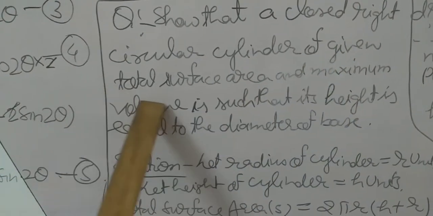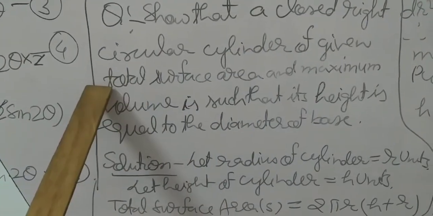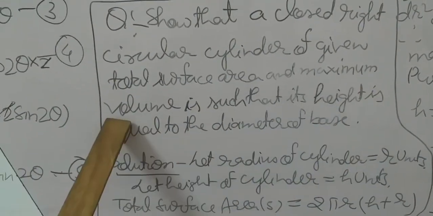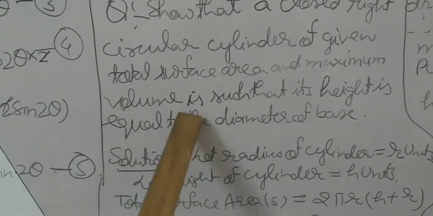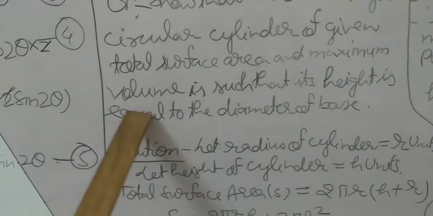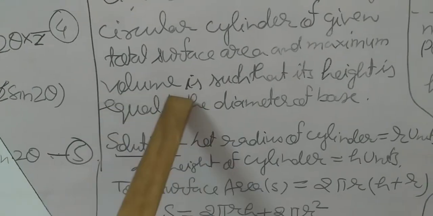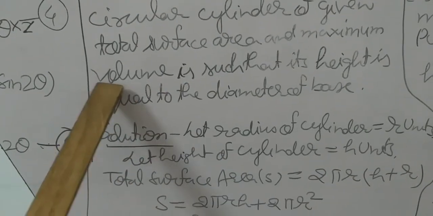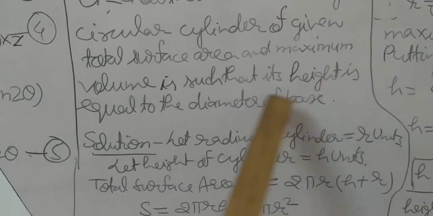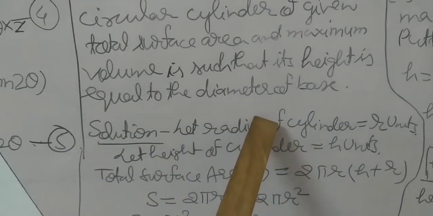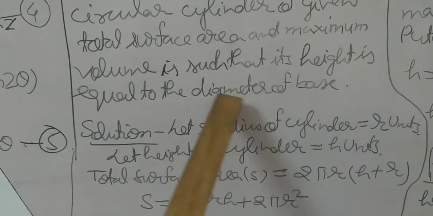So total surface area we have to use. Maximum volume means the volume value we have to differentiate to show the maxima, and we have to prove height is equal to diameter, means h equals 2r.